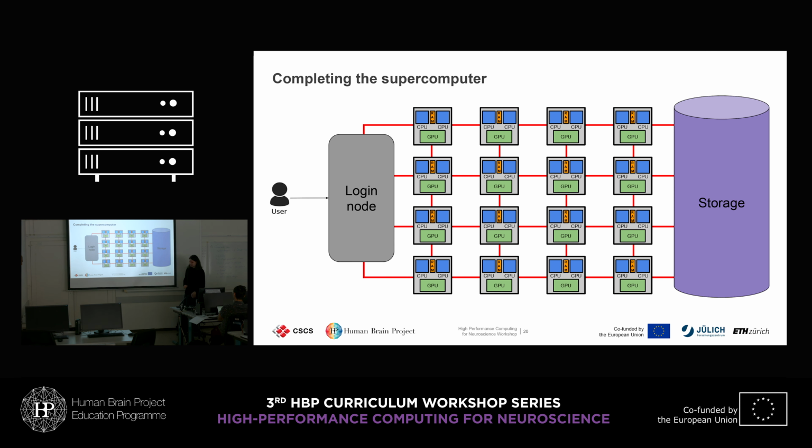First, we need what is called a login node, because usually users do not access the compute nodes directly. Users log into a separate computer called, in fact, the login node, where you basically reside, and from the login node you instruct the compute nodes to carry out your tasks and your applications.